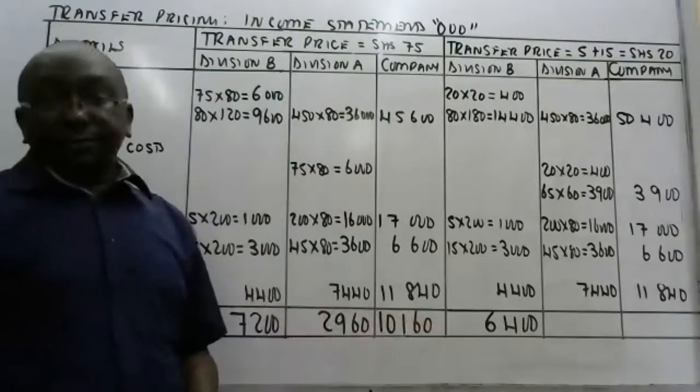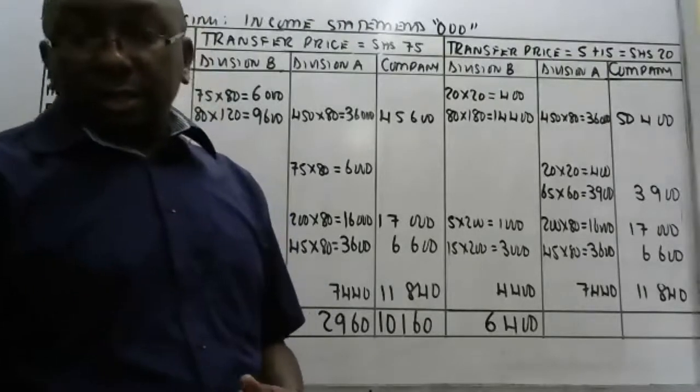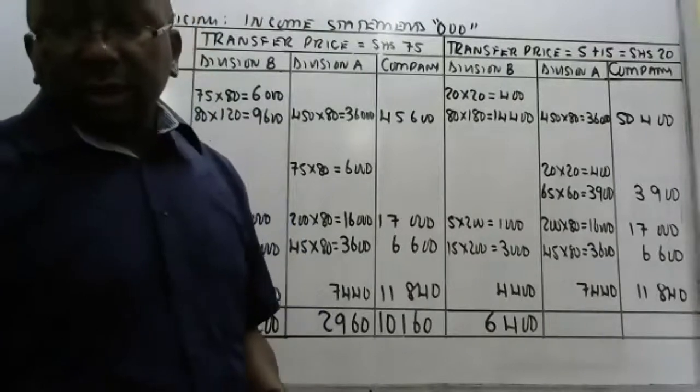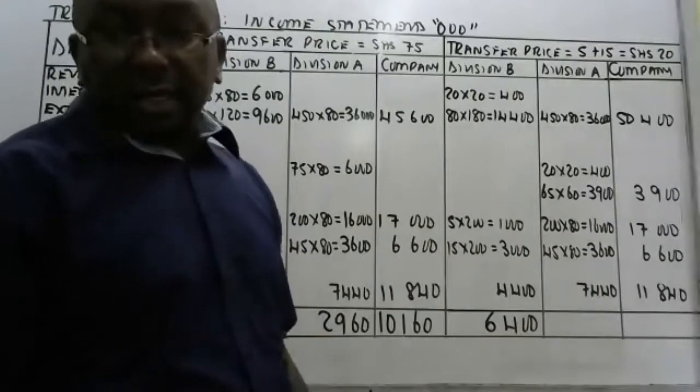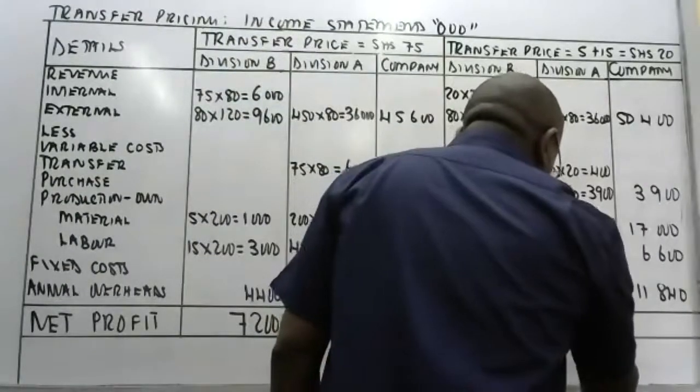Division A. I have, yeah. So Emily, check yours. The one that appears popular is 4660.